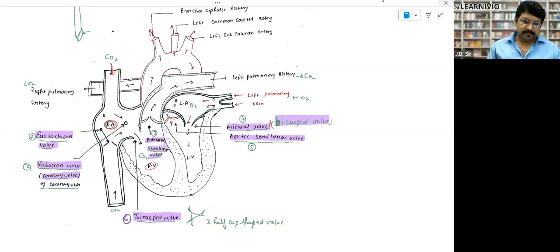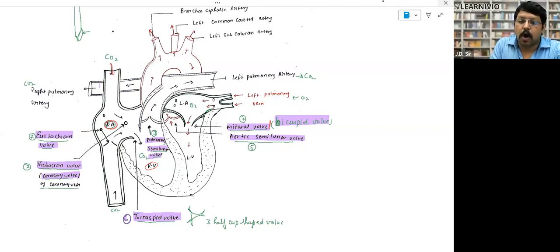It pours into the right atrium. So there is a Thebesian valve, or it is called the coronary valve, right? It prevents backflow of the blood in the coronary vein. So please note down, Thebesian valve or coronary valve.